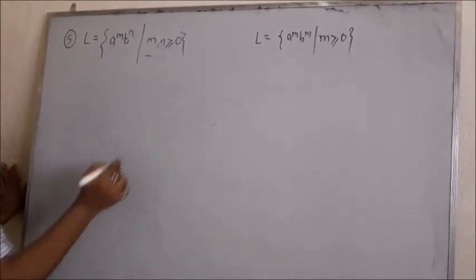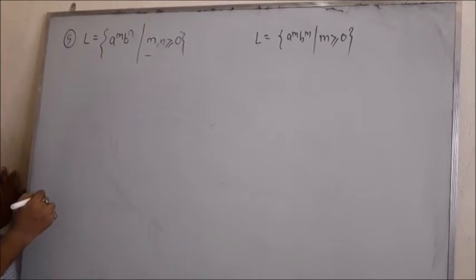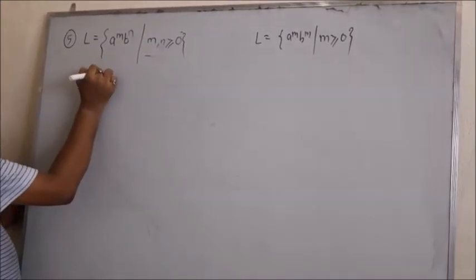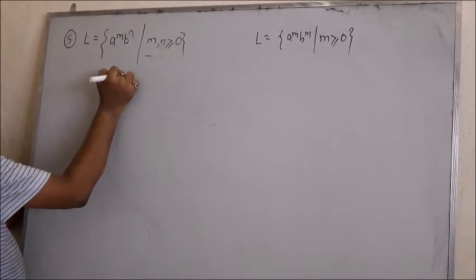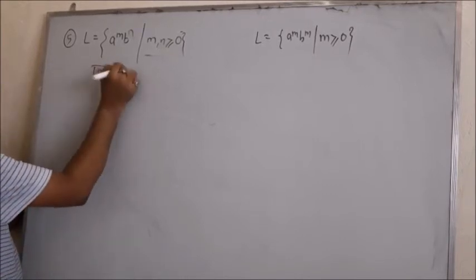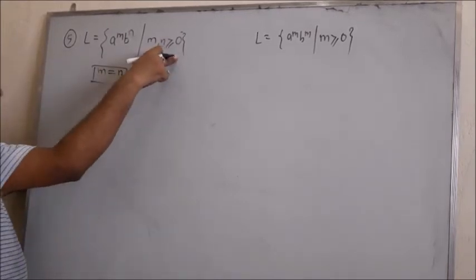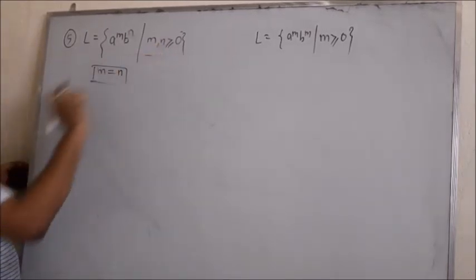But here we have to see one thing, that we don't have to bother about whether M must be equal to N. We don't have to bother about M must be equal to N. That means M may be equal to N or may not be equal to N. So such type of infinite language is a regular language.